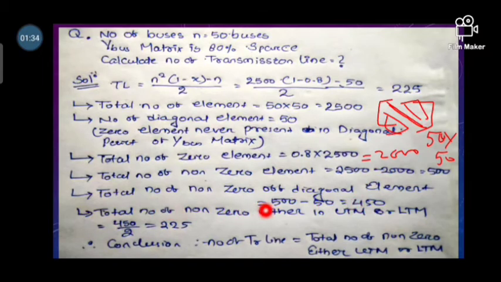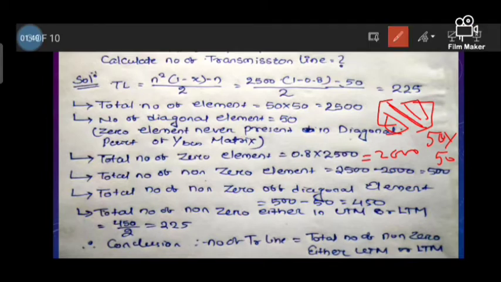The lower triangular matrix is the same as the upper triangular matrix. So if we find only the upper triangular matrix, the number of elements is 225.